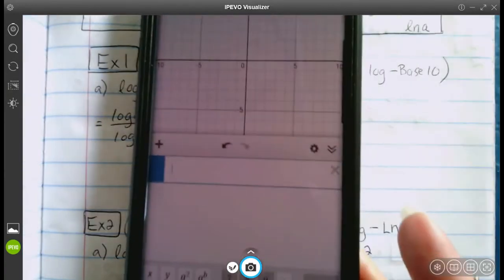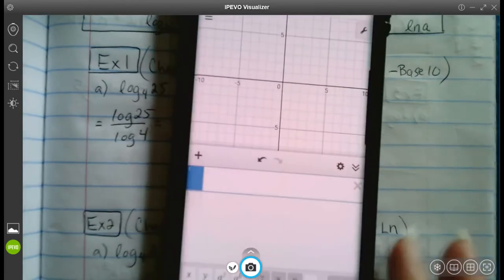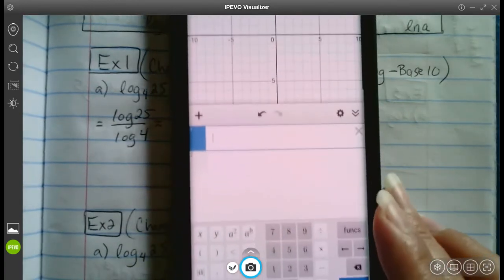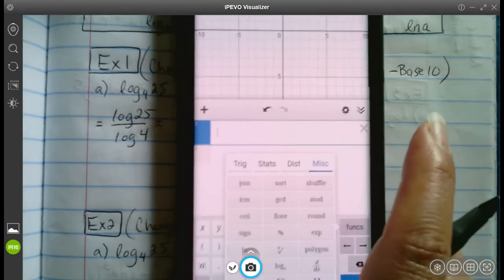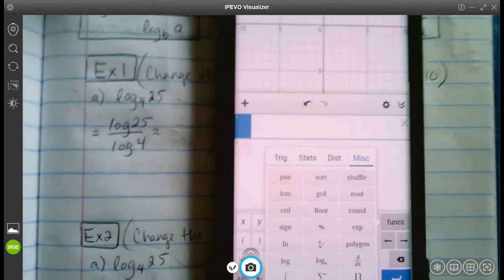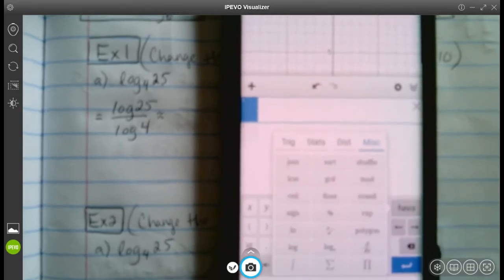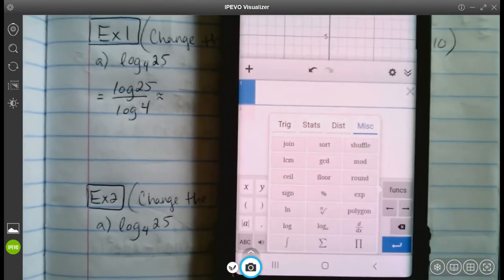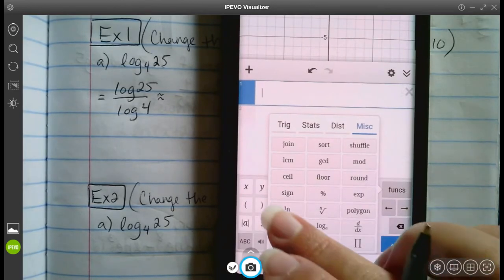If we calculate that, let me go ahead and just remind you how to do that. Here's our Desmos. We need to go to our Functions button here, and you click on the Miscellaneous. Since we're dealing with the regular common log, we're going to click on this first one here.